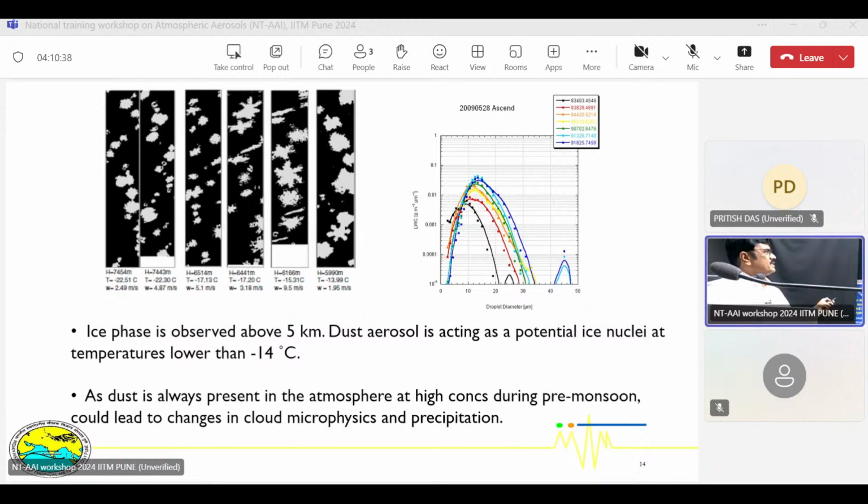Above 5 kilometer, we tend to see ice-phase clouds, and dust acts as a potential ice nuclei at temperatures lower than minus 14 degrees Celsius. In pre-monsoon, dust concentrations are high in the atmosphere, which can lead to changes in cloud microphysics.